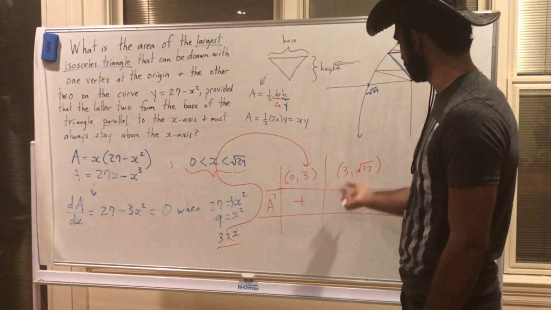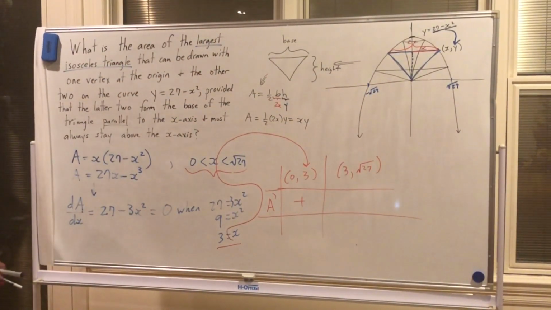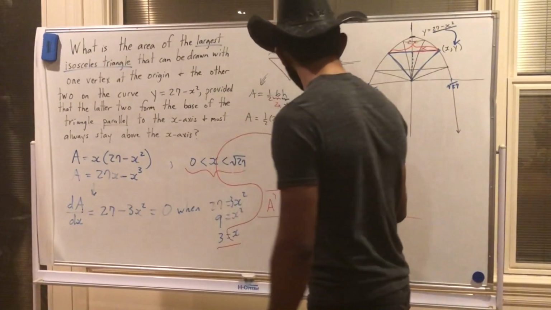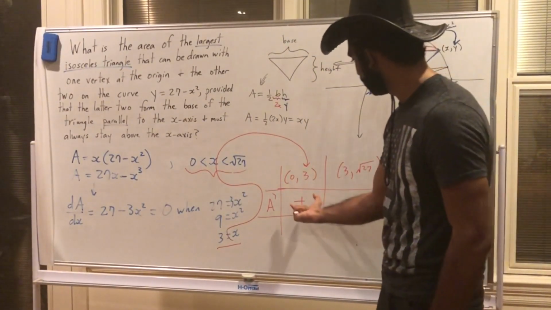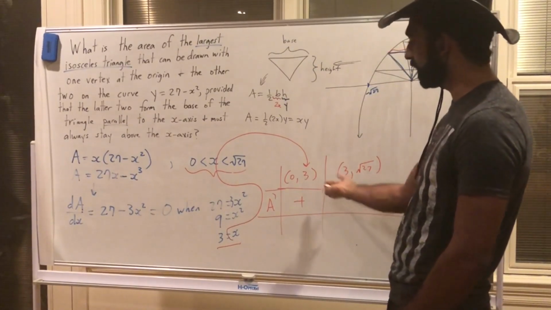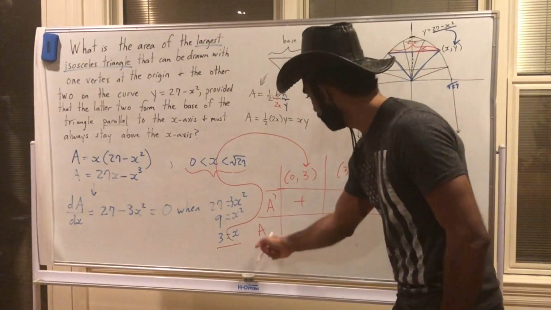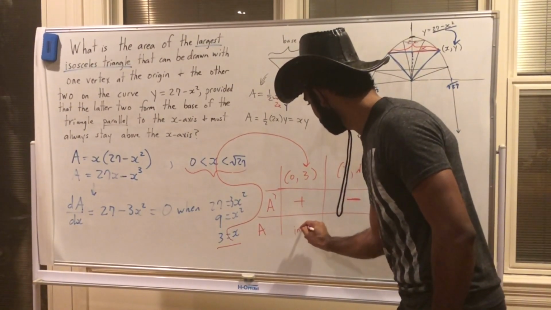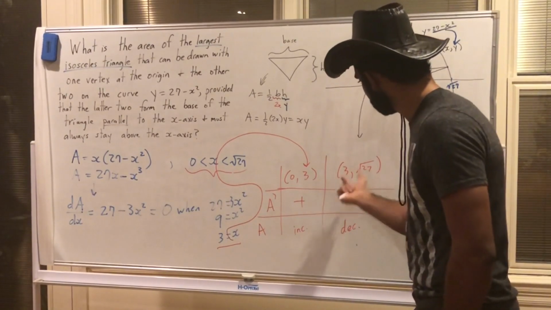Stick 5 in here: 27 minus 75, that's got to be negative. So this goes from being positive sloped to negative sloped. I don't have to worry about vertical asymptotes, so I can say A is always increasing on this interval, always decreasing on this interval.